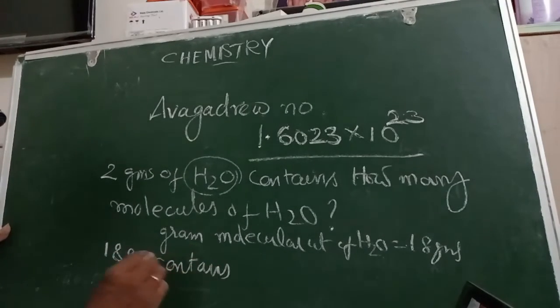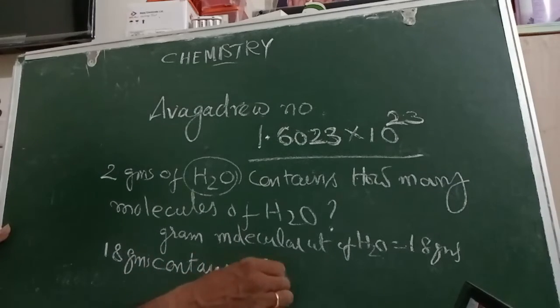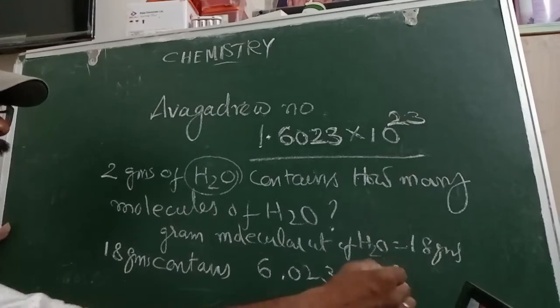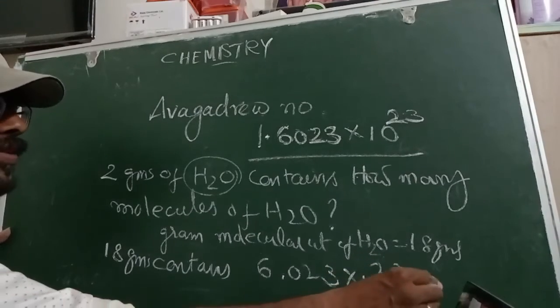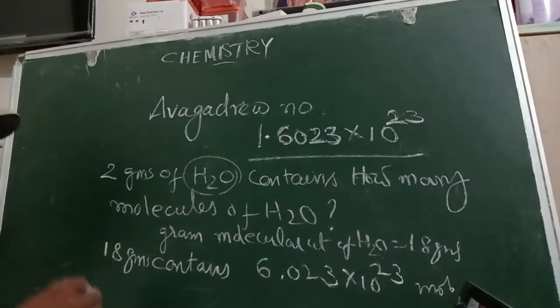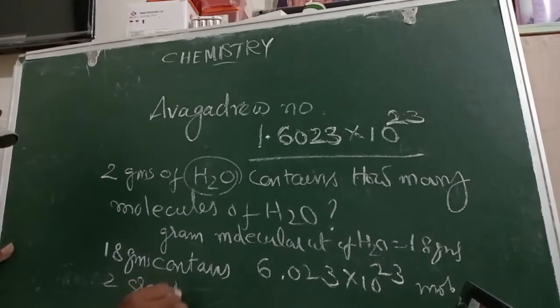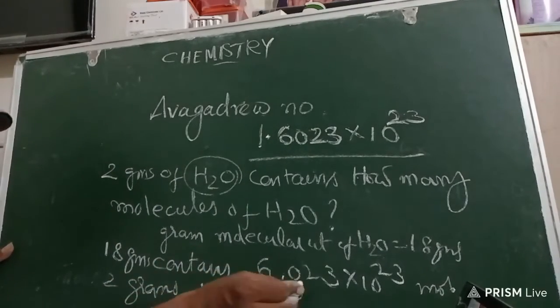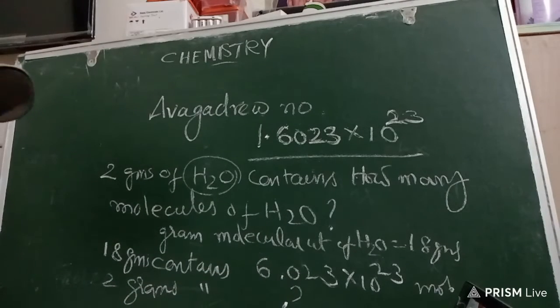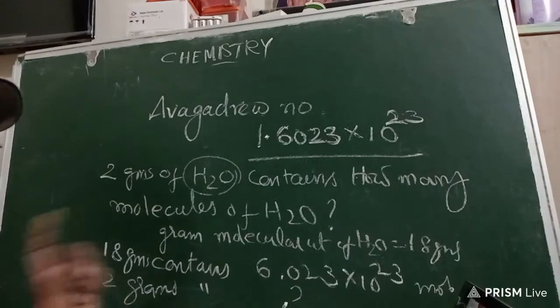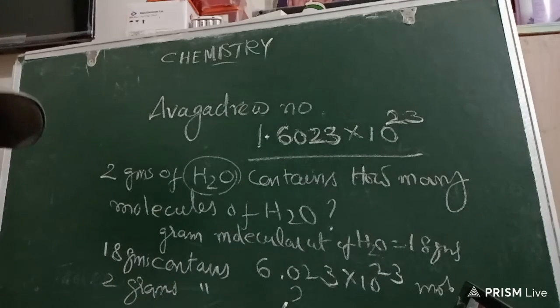Now 2 grams contains how much? So we have to multiply with 2 and divide with 18.